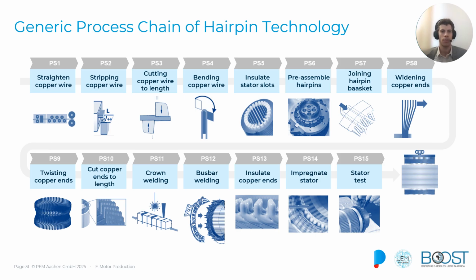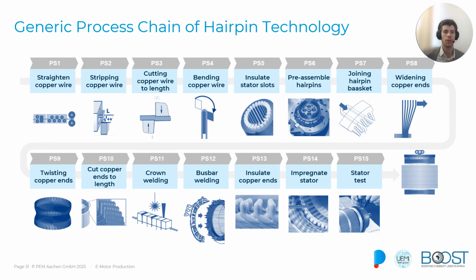At the end of this chapter, we summarize the process chain step by step. Step 1 is straightening the copper wire to remove the bend of the coil. Step 2 is stripping the wire to remove the insulation layer at the future pin ends. Step 3 is cutting the wire to the pin length.